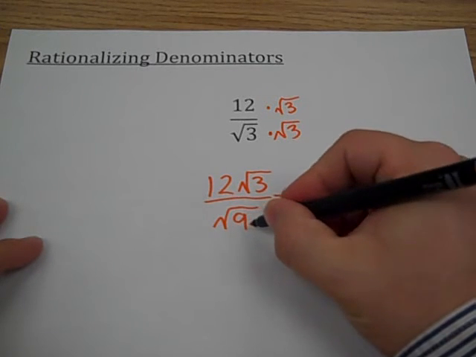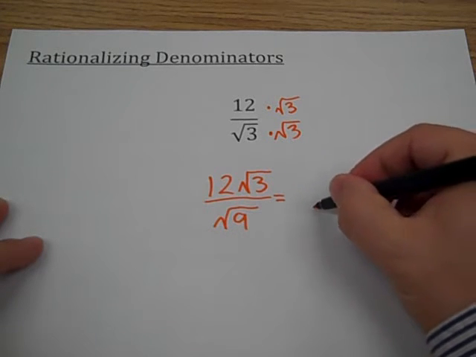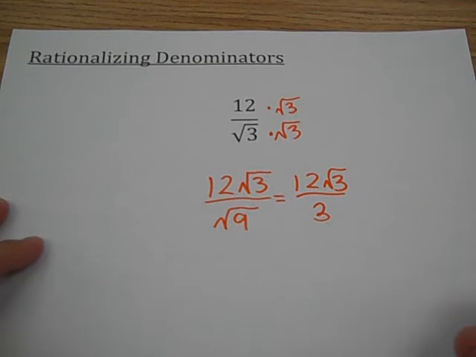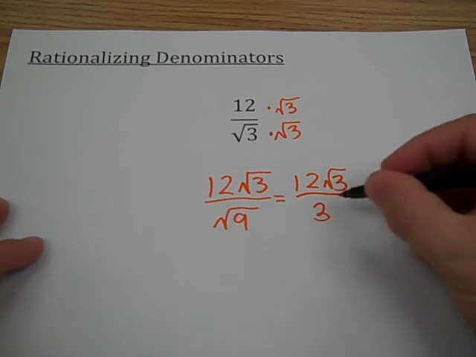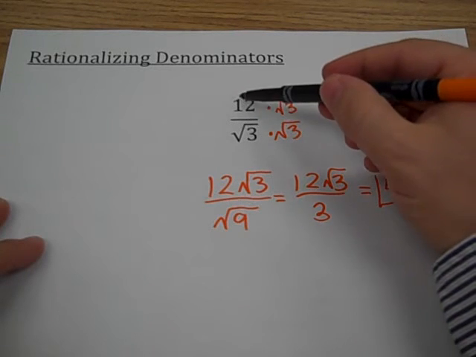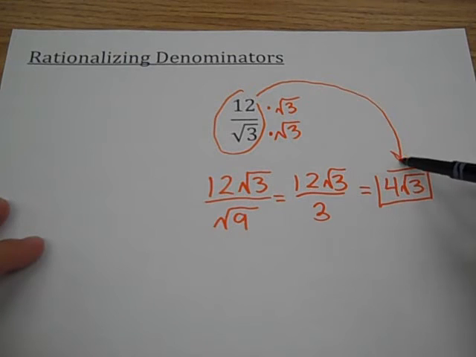And then hopefully we can recall from previous math classes, the square root of 9 is just 3. And then I can do one more step to simplify this further. 12 divided by 3 is 4. So this 12 divided by root 3, when we rationalize it, becomes 4 root 3.